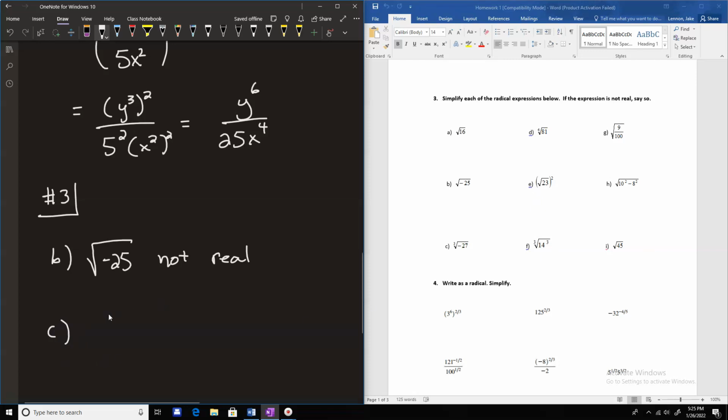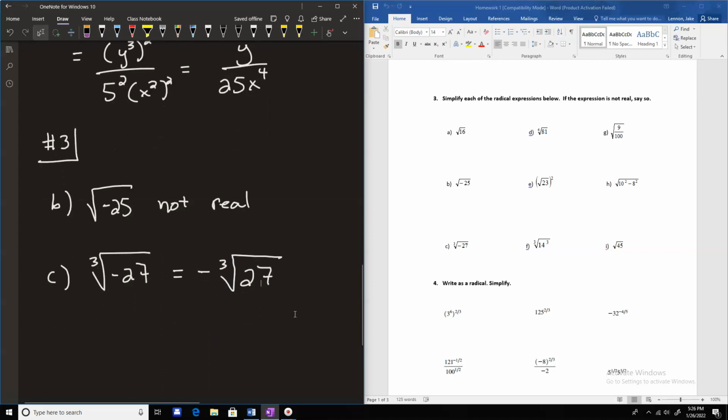C, although we have a cube root of a negative, remember, you can have cube roots of negative numbers and they come out negative, because a negative number raised to an odd power will still be negative. So this would be the same thing as, let's see, we could just pull the negative out when it's a cube root like this, because like I said, that is an odd radical.